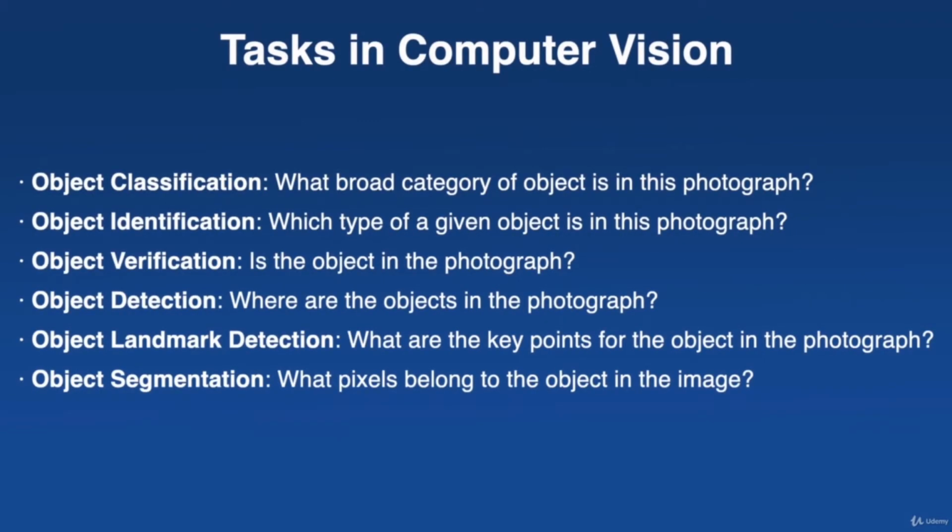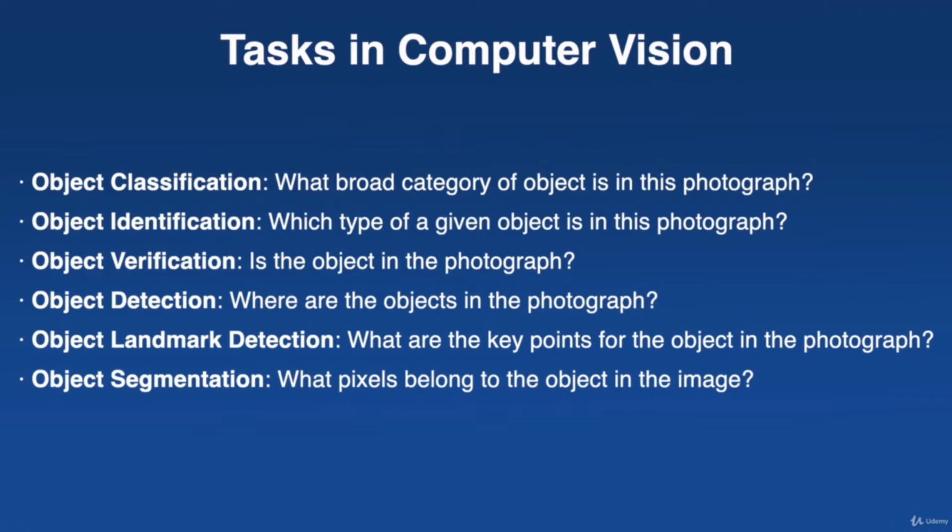So let me name you a list of some high-level problems where we have seen success with computer vision. Many of these applications involve trying to recognize things in photographs. For example, object classification, what broad category of object is in this photograph. Object identification, which type of a given object is in this photograph.